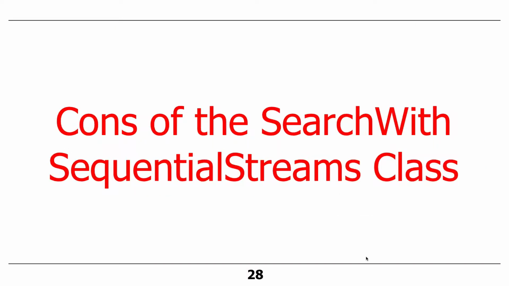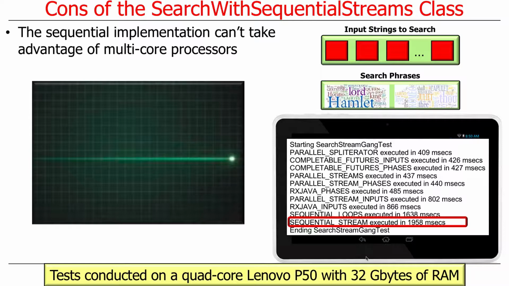However, there are some downsides, and the biggest downside is it's a sequential implementation. So it can't take advantage of multi-core processors. So there's just one thread of control. And if you look at the performance on my monster laptop here, my Lenovo laptop has 32 gigs of RAM, super quad-core, hyper-threaded. It's an awesome beast of a machine with solid state drive and so on.